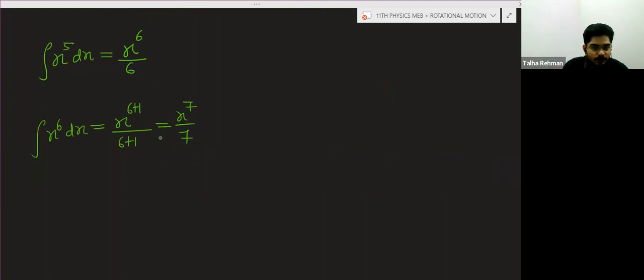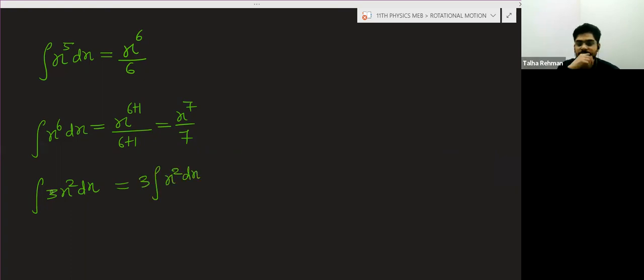Okay, suppose I want to integrate 3x square into dx. In integration, this number 3 is a constant number. So a constant number we can take out of the integration and write it like this. Now we can do it easily. 3, and this will be in multiplication.